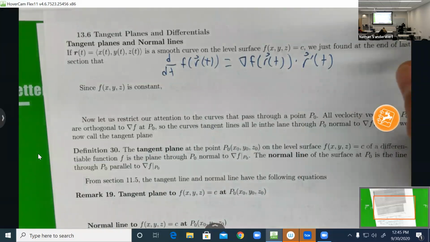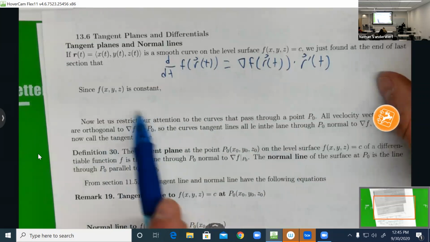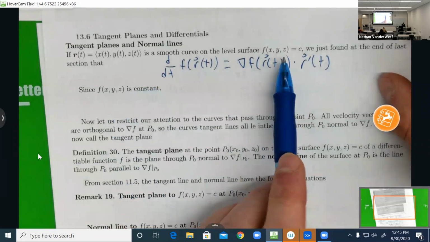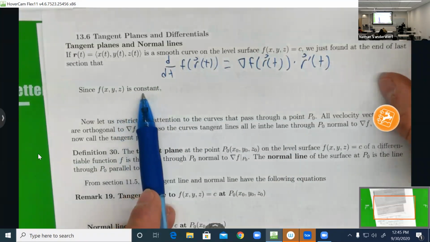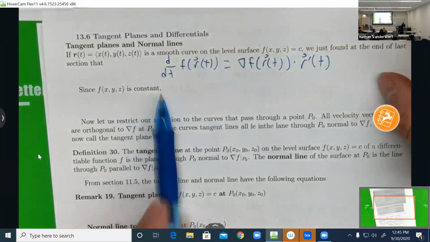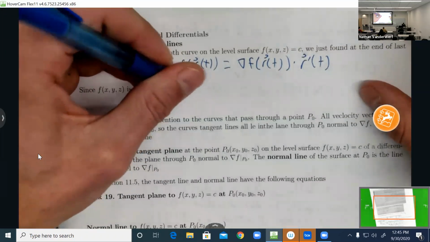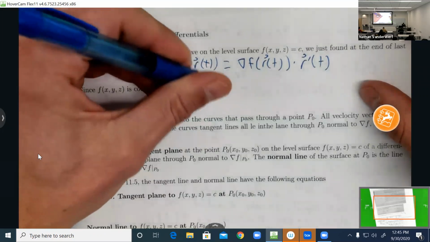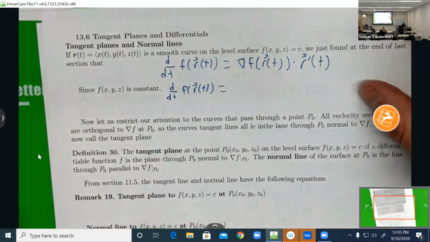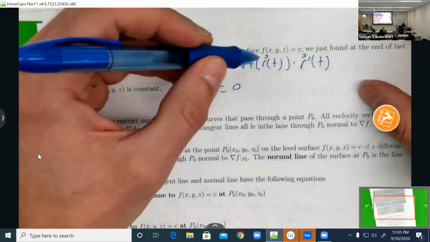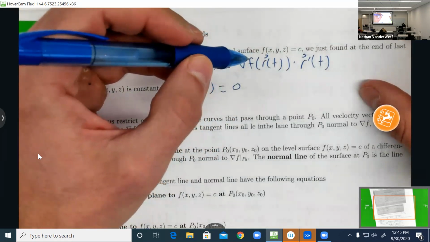All right. So what's going to happen here now? Since f of x, y, z is constant, we're going to have that d over dt of f of r of t is equal to what? 0, right? So what does that mean for us? That means this dot product, these things have to be orthogonal.